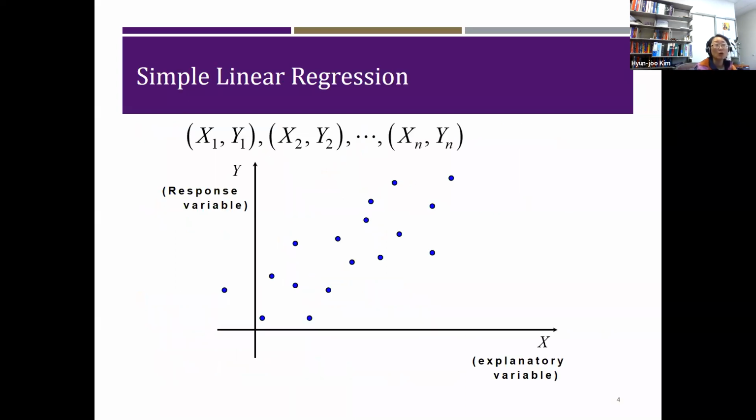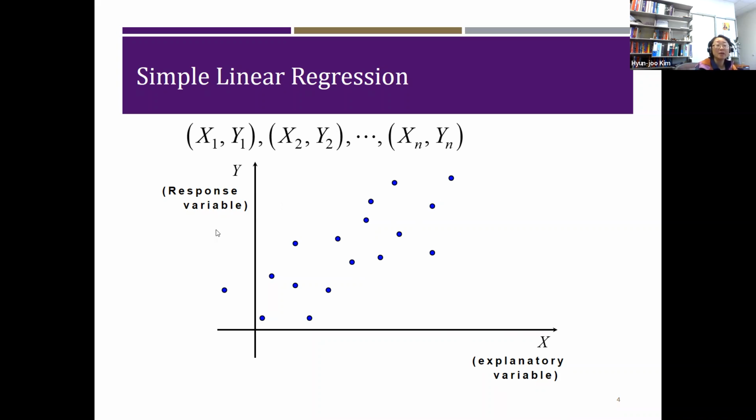Okay, so once more, this is just a more graphical way of explaining things. Here, X1, Y1, X2, Y2 are the combinations of X variable and Y variable. These dots are the combination of those two values, for example, this one could be the X1 and Y1 values, X2, Y2 values, and so on. X is typically called the explanatory variable. Y is called the response variable.